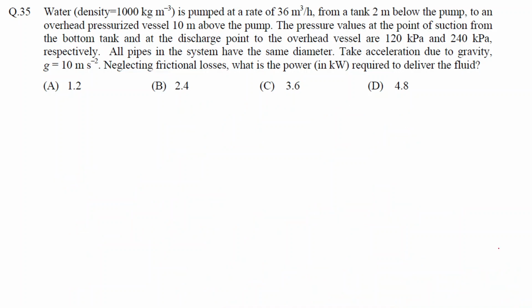Now the power required, we can write this as mass flow rate into work. The mass flow rate we have to find in kg per second. Since we have been given the flow rate as 36 meter cube per hour, we can change it into kg per second as the density is 1000 kg per meter cube. So 36 meter cube will be equal to 36,000 kg, and over 3600 seconds.